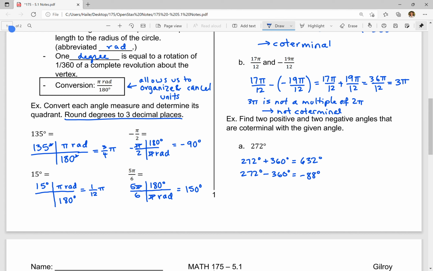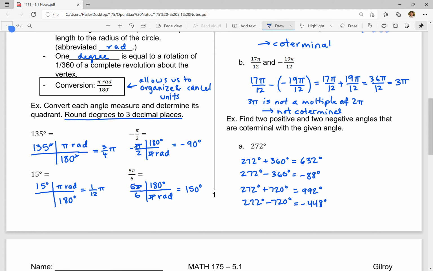That would be one positive and one negative angle that are coterminal with 272. If I wanted to find another positive and another negative, maybe I could add and subtract 720. So I could do 272 plus 720 degrees, and 272 minus 720 degrees. This gives me 992 degrees and negative 448.